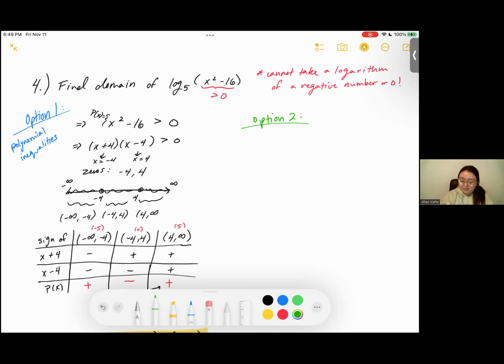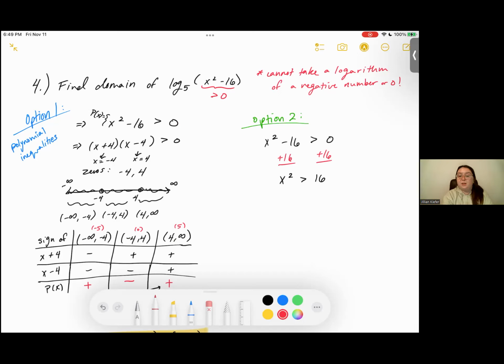So what we're going to do here is grab the x squared minus 16 and have it greater than or equal to 0. And we can solve for x. We can add 16 to both sides. We get x squared is greater than 16.